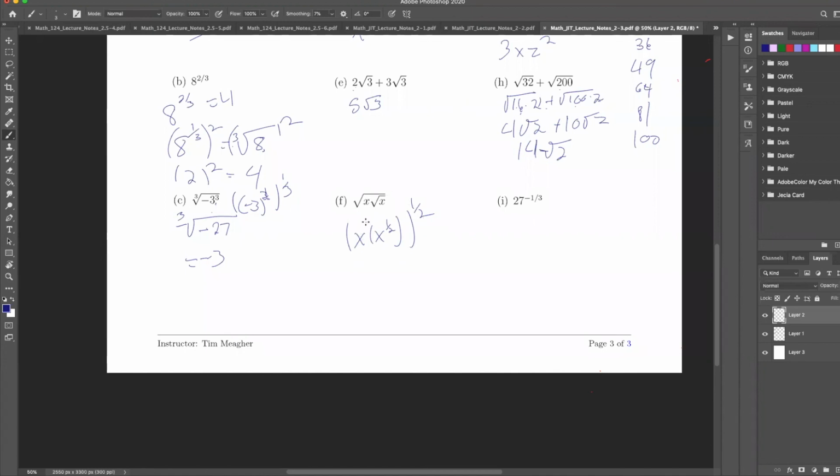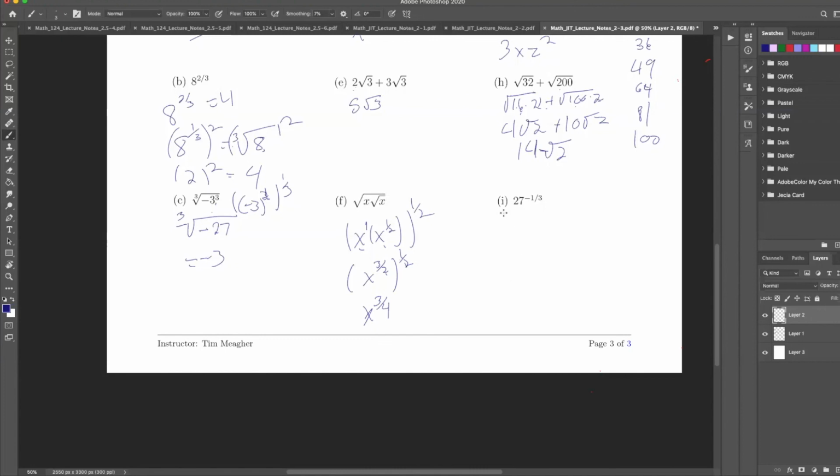Well, this is technically x to the 1st power. So if I put these two together, I have x to the 1 plus 1/2, which is x to the 3/2, right? And I raise that to the 1/2 power. Well, then 3/2 times 1/2 will give me x to the 3/4. And so here I've simplified that. Okay. All right.